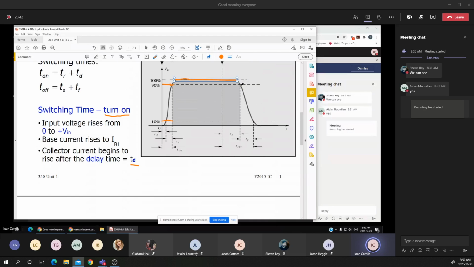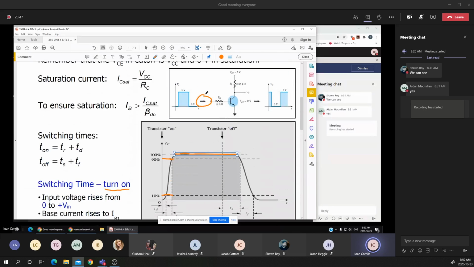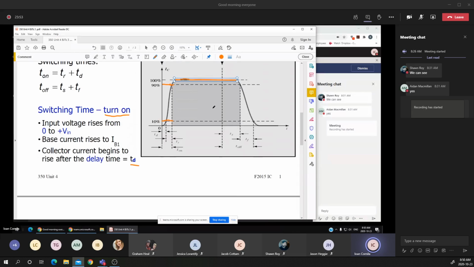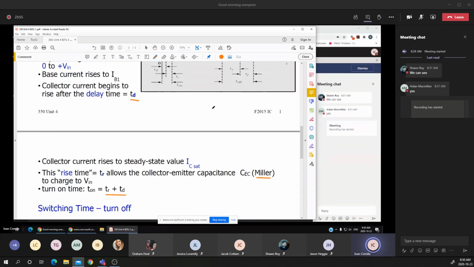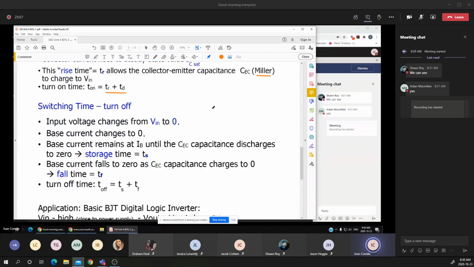You notice that, again, when the transistor is turned off, or the voltage is removed from the base, remember that we have that storage effect, which means that the capacitance will store a small amount of energy.